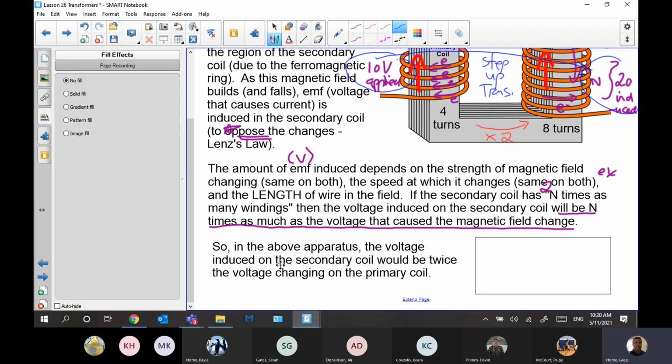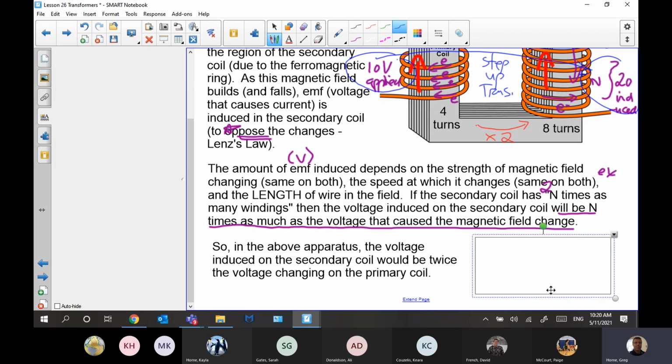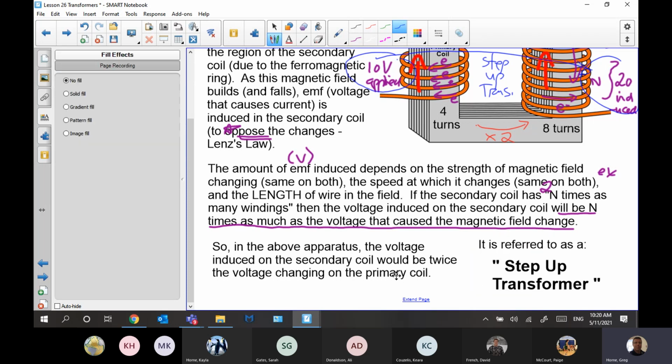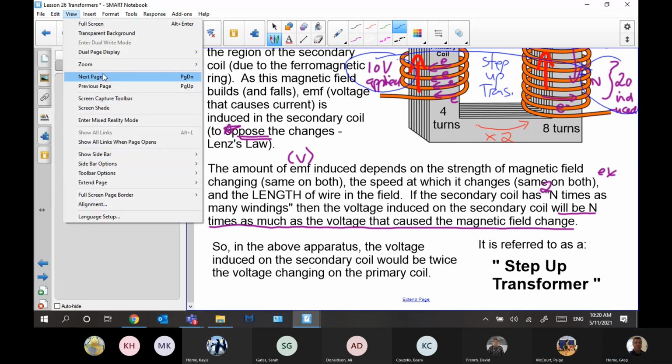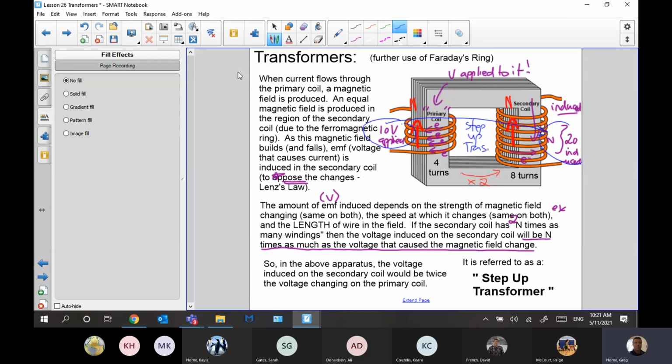But you can tell that the applied voltage can be doubled and make the voltage induced twice that of the voltage that was applied. So it's called a step-up transformer.